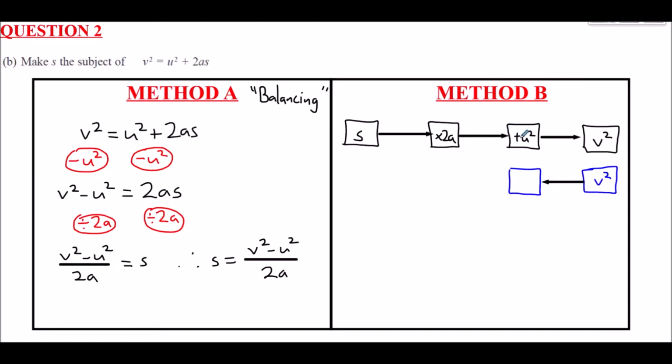Before, we added u squared. Because we're now going backwards, we're going to subtract u squared. So at this stage now, we started with v squared, we've subtracted u squared. So going into this next step, we've got v squared minus u squared.